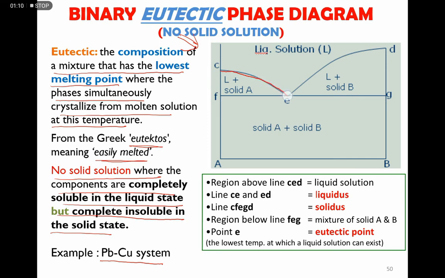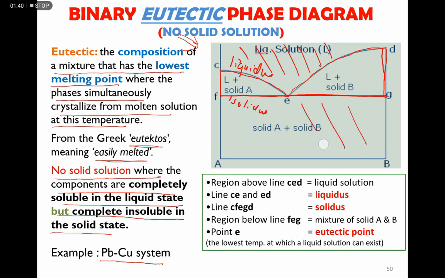Line C E D, we call the liquidus. Above the liquidus is L, liquid. C F, F E, E G and G D, we call the solidus.